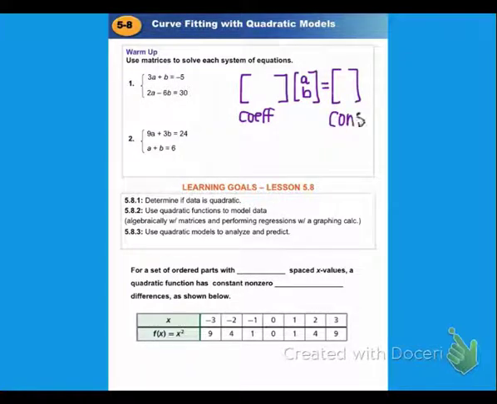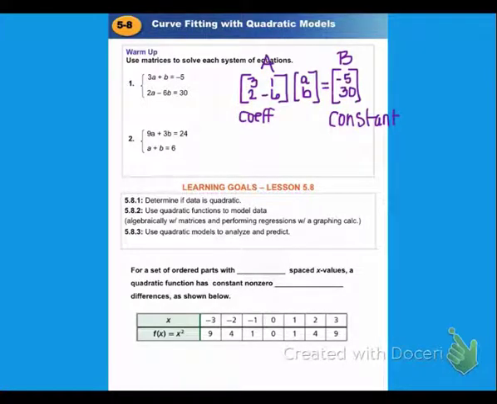And in fact, I'll help you get the coefficient matrix set up also. So the coefficient matrix for this one would be 3, 1, 2, -6. And remember, in our calculator we call that A. When we set that up in the matrix menu, we set that up as A. And then we call the constant matrix B, which is -5, 30.